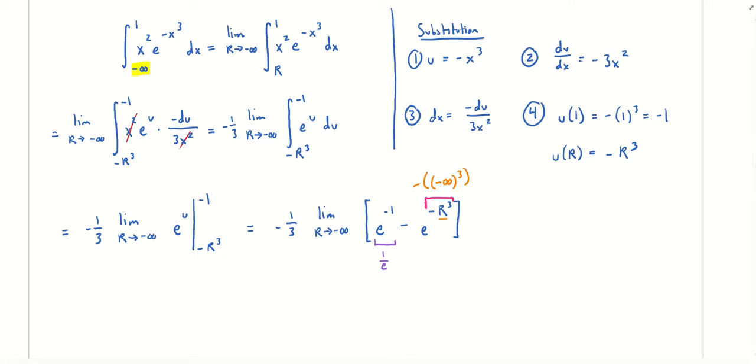So negative infinity cubed, the negative is still there, but it will cancel with this negative. So technically, e to the negative r cubed is the same thing as e to the infinity. And that's going to go to infinity.